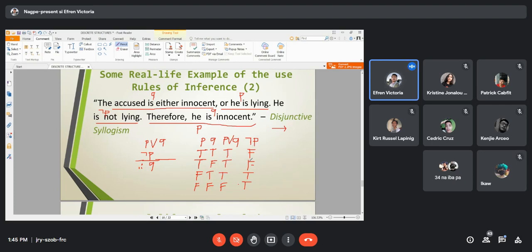Not P, false, false. True. So, tama ba? True, true. Parang meron pa rin yan. Then, gagamitan natin to ng end. False.